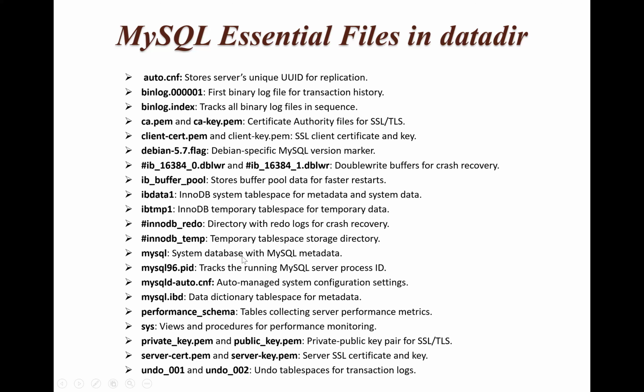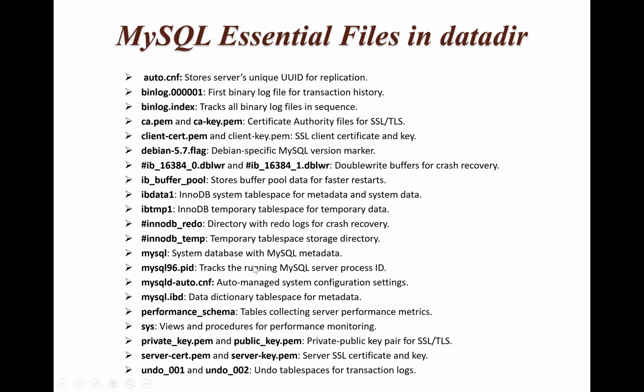MySQL is a system database with the MySQL metadata. It will store all user related information, time zone, general log information and privileges information. This is the MySQL host name file. The PID is a process ID.